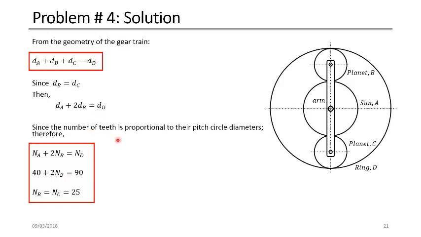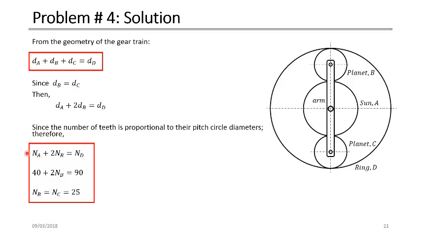Since the number of teeth is proportional to the pitch circle diameters, we can replace the pitch circle diameters by the number of teeth. So dA becomes NA, because we are using the module.